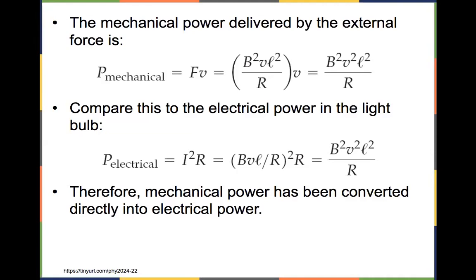This is exactly the mechanism of an electric generator. For an electric generator, you can take in energy in other forms, but you convert it into mechanical energy to drive the turbines. Then the turbine has mechanical energy that goes through a device called the electric generator, which converts the mechanical energy into electrical energy.